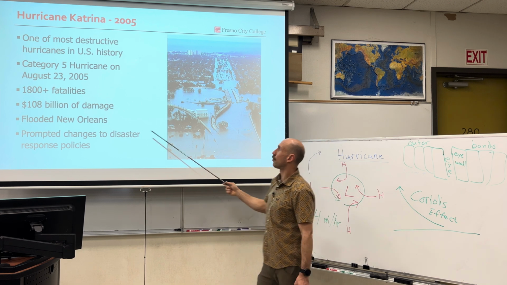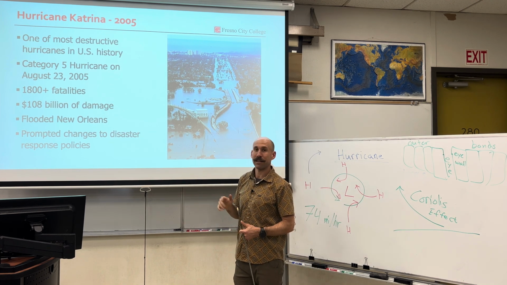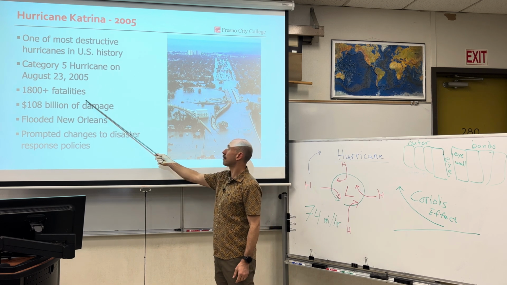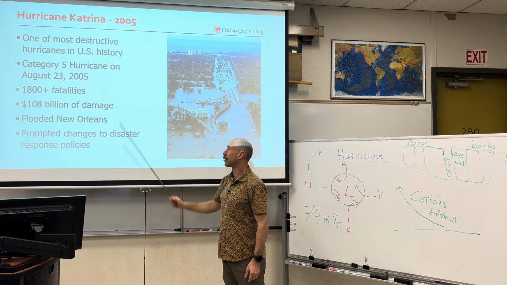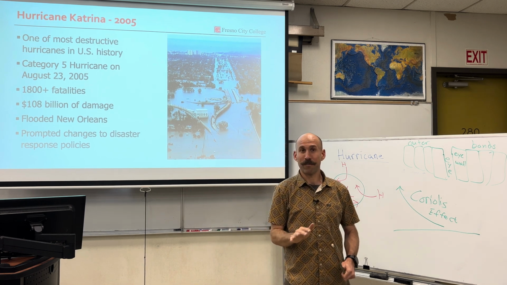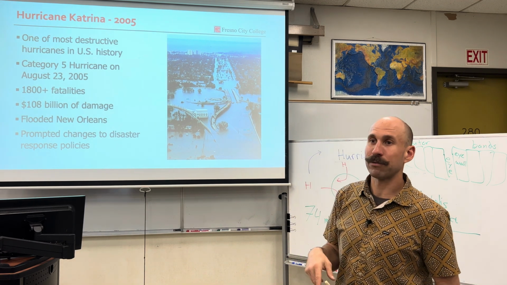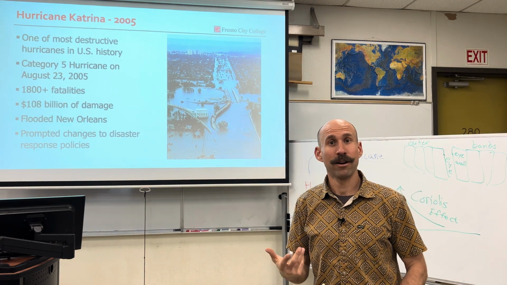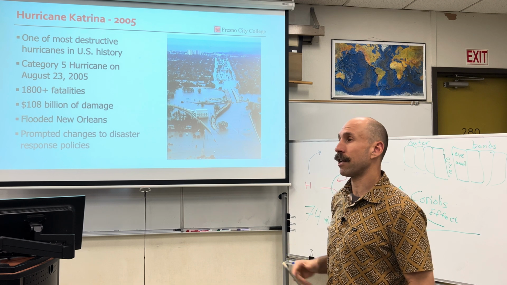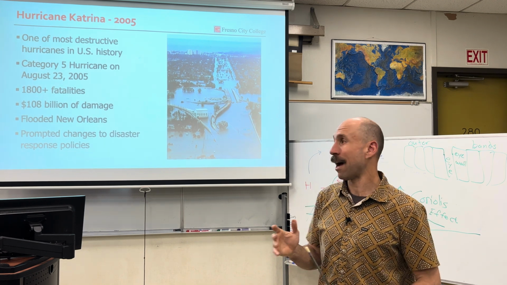This led to over 1,800, although the number is still not definitively accounted for, 1,800 plus fatalities, over $100 billion of damage, and the response to this was not good. When we look back, the geopolitics of how we were able to respond and provide care to those affected by Hurricane Katrina was not the best that could have ever happened.